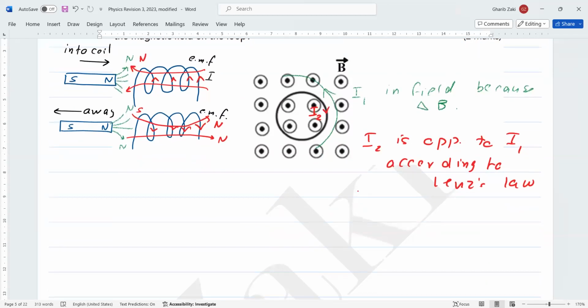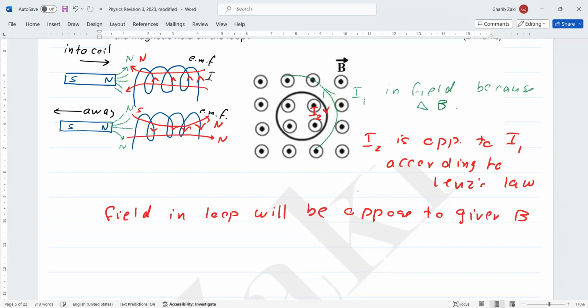So we write here, field in loop will be opposed to given B. That is into the page.